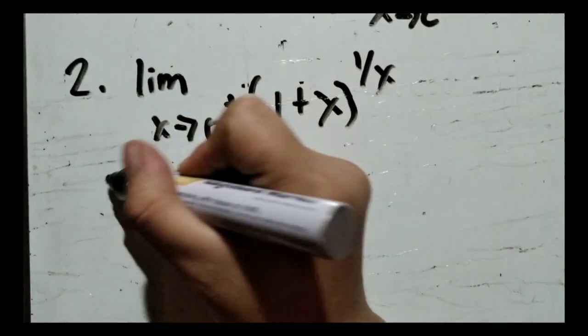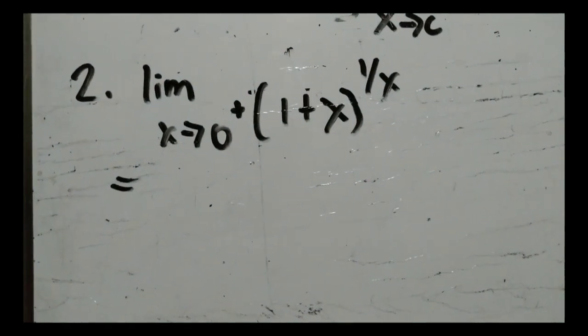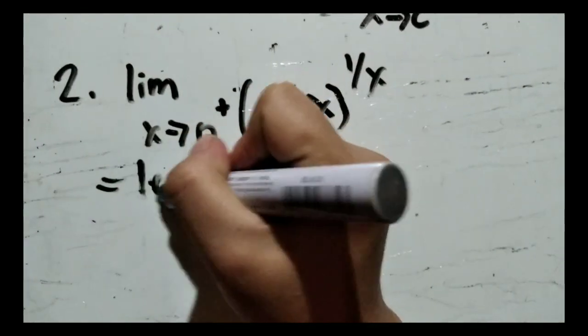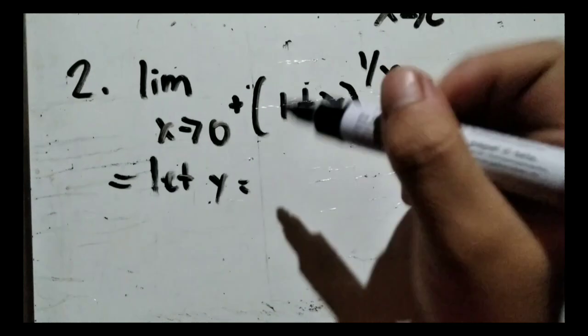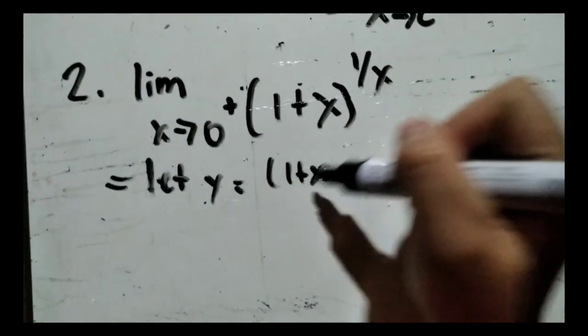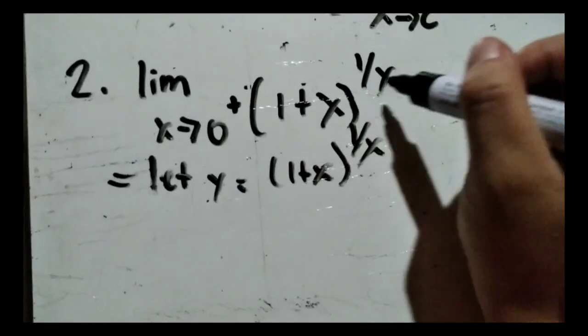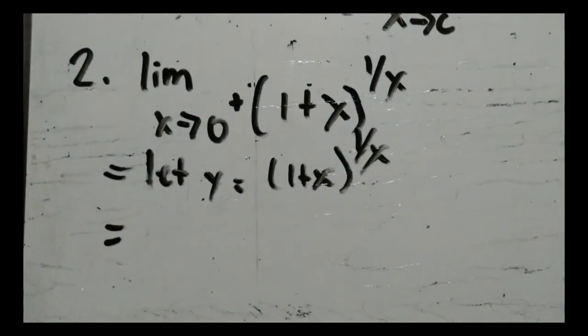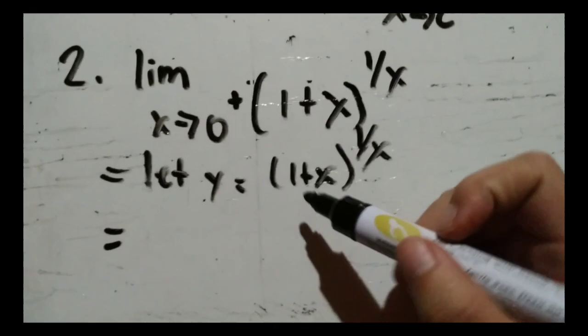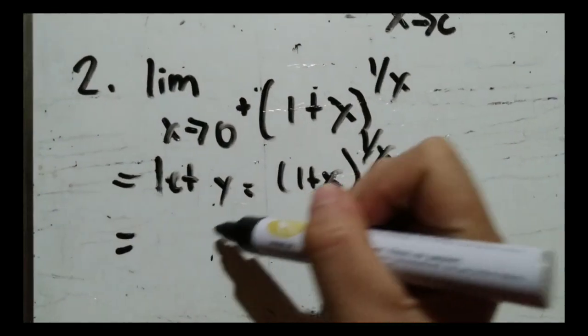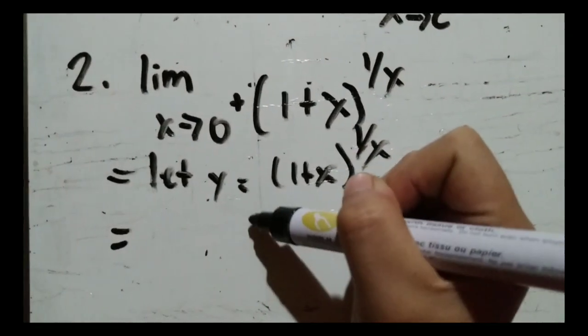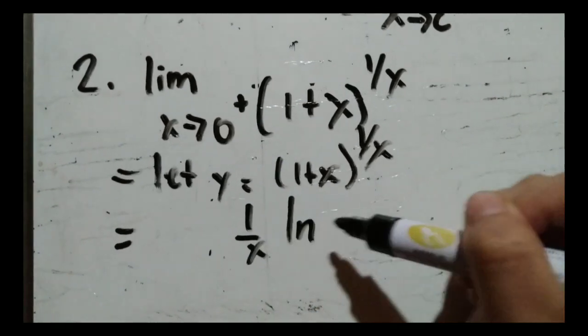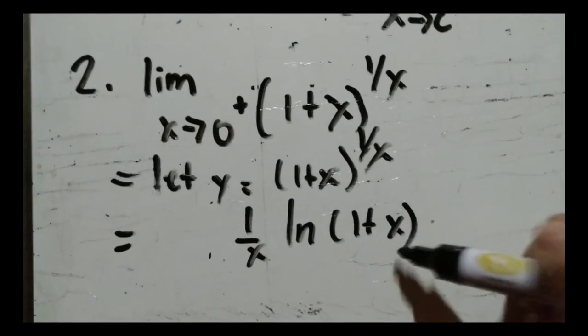So the same process, we're going to follow the steps. So first, let y equal 1 plus x raised to 1 over x. So 1 over x is the g of x, and this is the f of x. Then we take the logarithm. So we have 1 over x times ln of 1 plus x.